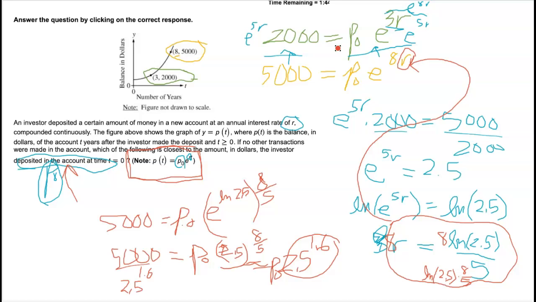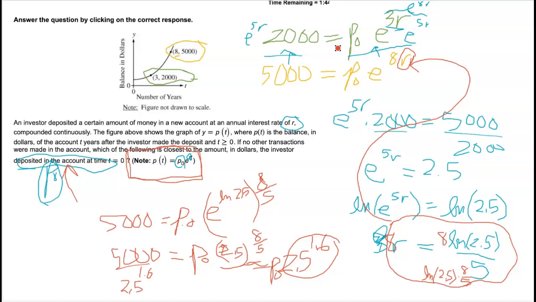Yes, I could have done the calculator before I did that red substitution. That's fine. If you want to reach for your calculator, there is nothing wrong with writing down the yellow equation. 5,000 equals P0 e to the power 8 times, and then you get that nasty looking number that you computed on your calculator earlier, right? e to the 8 times that is going to be some number, also nasty looking. 5,000 equals P0 times a nasty number.